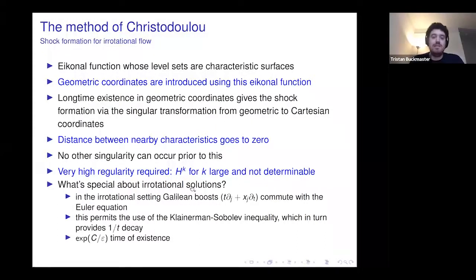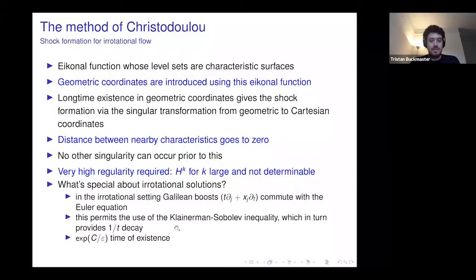To characterize the shock, they show that the distance between characteristics goes to 0, and they show no other type of singularity can occur. So it's not like the previous results where you just don't know what happens. You know what type of singularity occurs at the time, but you don't know some of the information which I'll discuss later. For example, you don't know that the initial singularity will happen at a single point, and so forth.